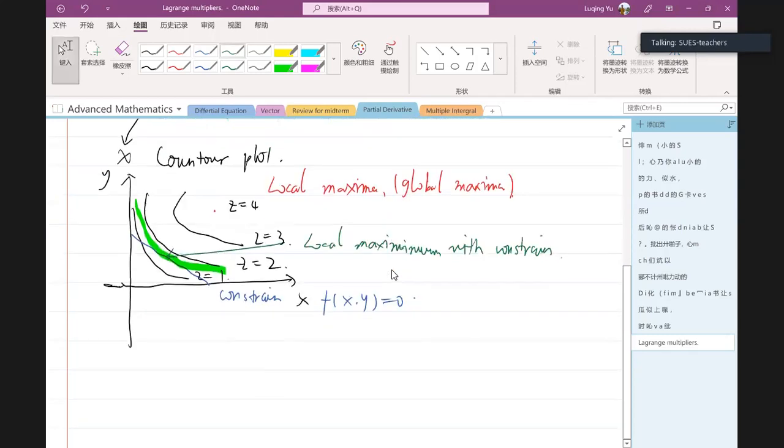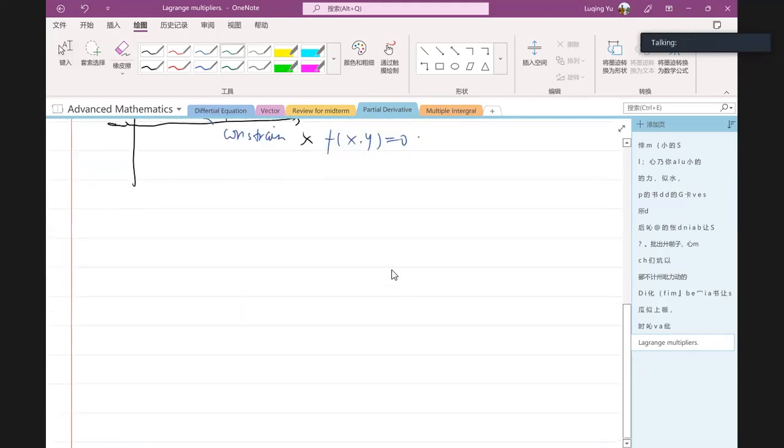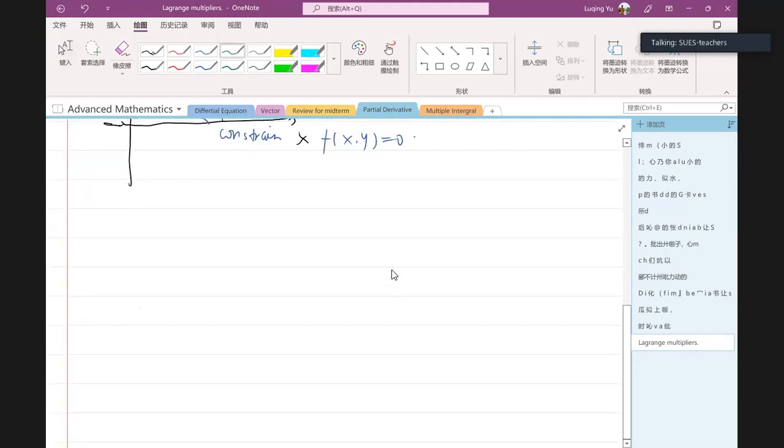This contour plot is trying to give you a concept of what a constrained local maximum and local minimum look like. So we should find a curve of the contour plot tangent to the constraint. Okay, so we have a new graph here.